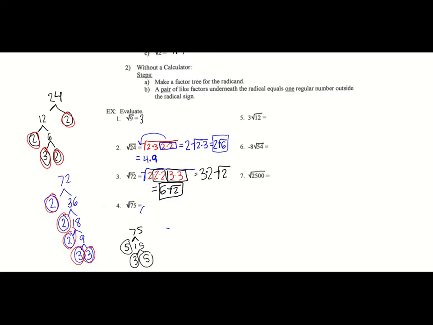And again, I'm done. I can't break up that 3 or 5 any farther. So I rewrite my radical. I have square root of 75 equals 5 times 5 times 3. I've got one pair of 5's underneath, so I can take 1 out. Sorry, there's a square root. And I still have 3 underneath.